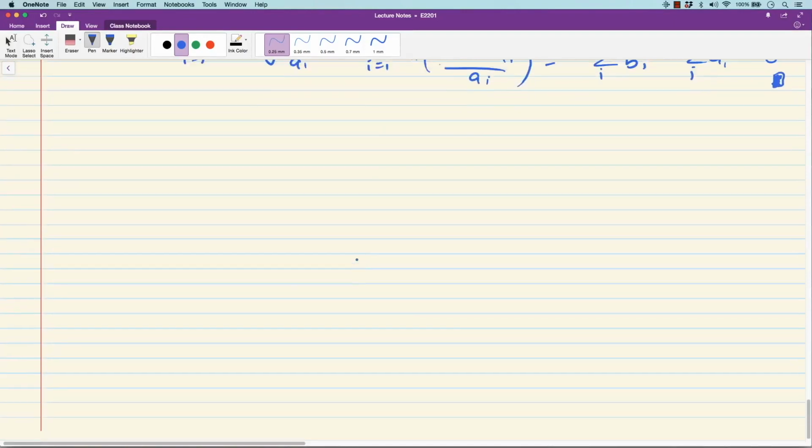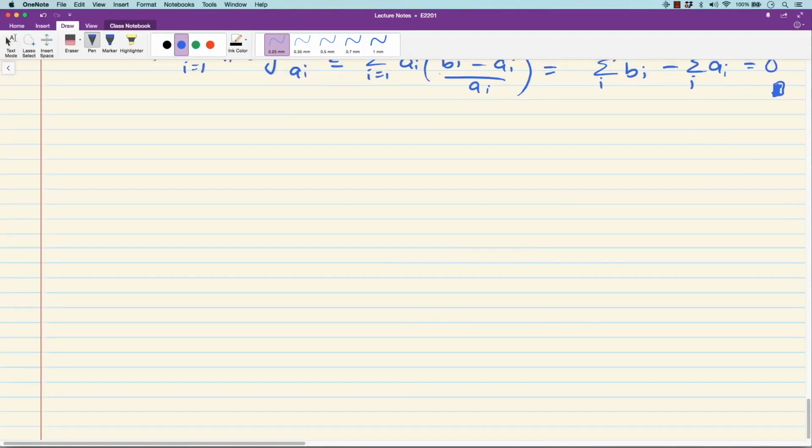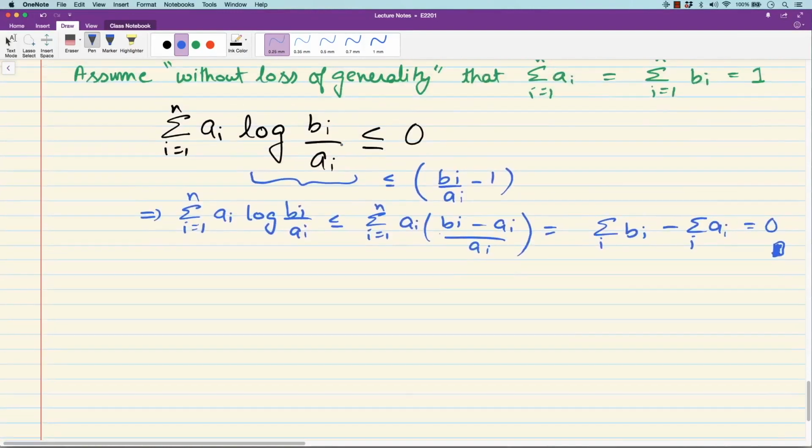Okay, so now that we have shown the log sum inequality, we'll find many applications of this. Oh, sorry, just a small thing here.